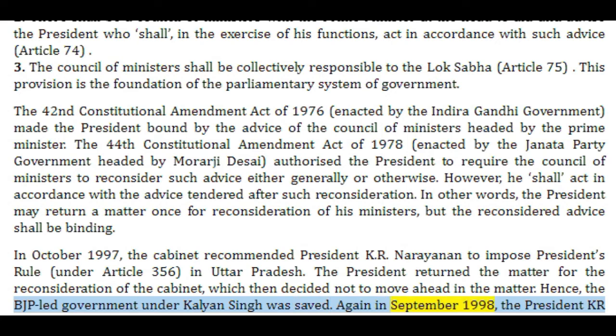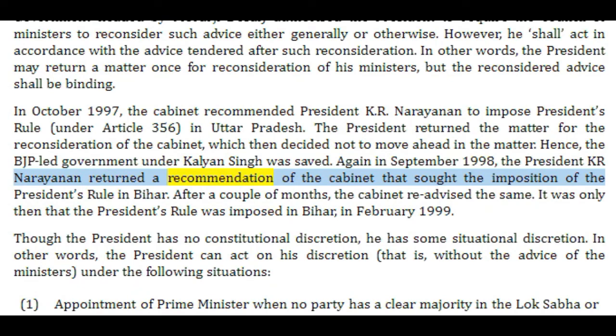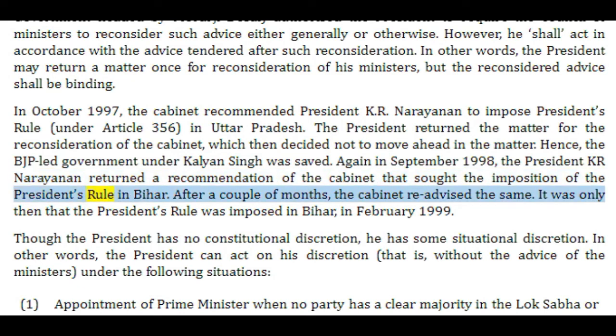Again in September 1998, President K.R. Narayanan returned a recommendation of the Cabinet that sought the imposition of the President's rule in Bihar. After a couple of months, the Cabinet re-advised the same. It was only then that the President's rule was imposed in Bihar in February 1999.